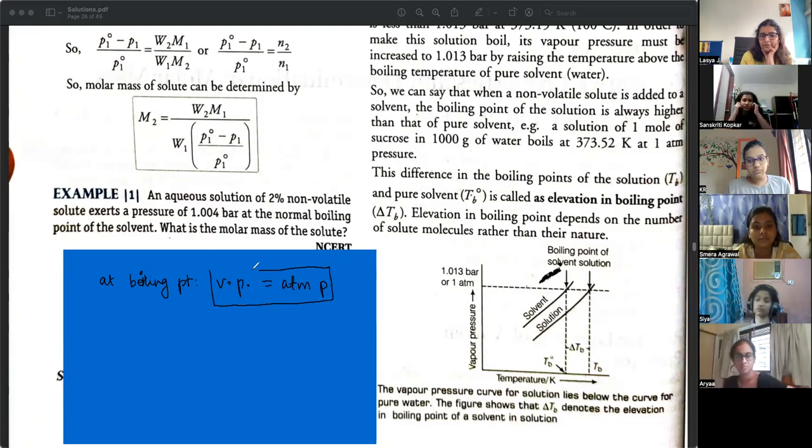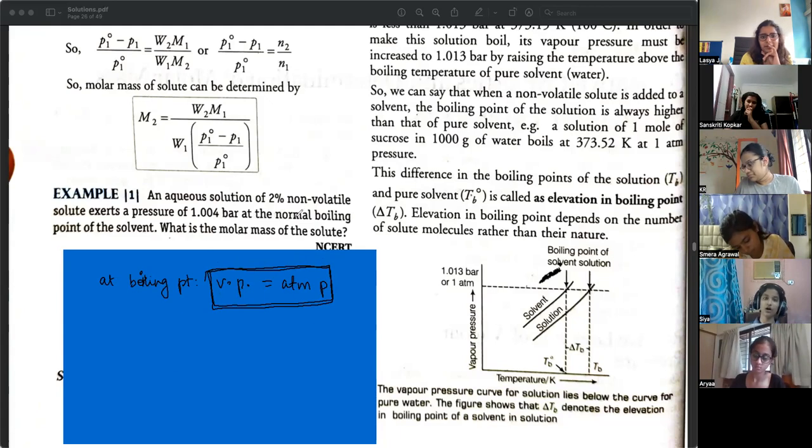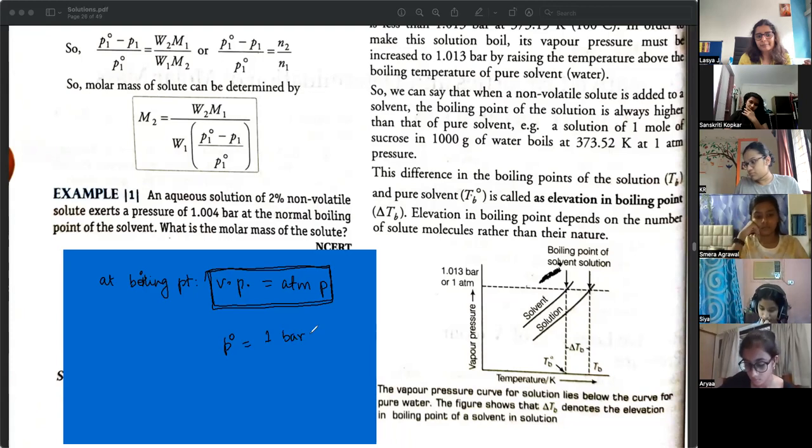So when we are talking about something boiling, it means that its vapor pressure has become equal to the atmospheric pressure. So here it exerts this much at normal boiling point of the solvent. It means without the solute, the vapor pressure should have been 1 bar. So P naught was 1 bar.